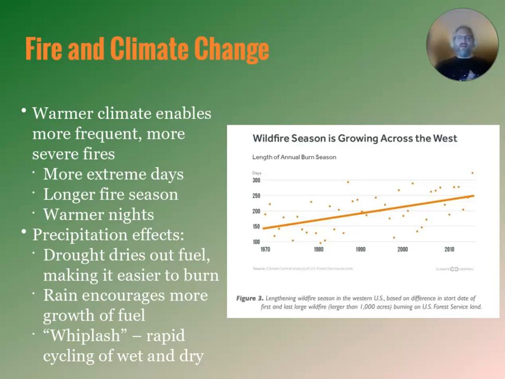And so one thing that we're seeing happening in some areas that is sort of the most dangerous combination of these is referred to sometimes as a whiplash effect, where you get a rapid cycling between wet and dry. So you get wet conditions that encourage big growth of fuel, and then dry conditions that dry all that fuel out and get it ready to burn. So if you get that combination, that back-to-back wet and dry, that can actually be the most dangerous precipitation situation for making fires bigger and more dangerous.